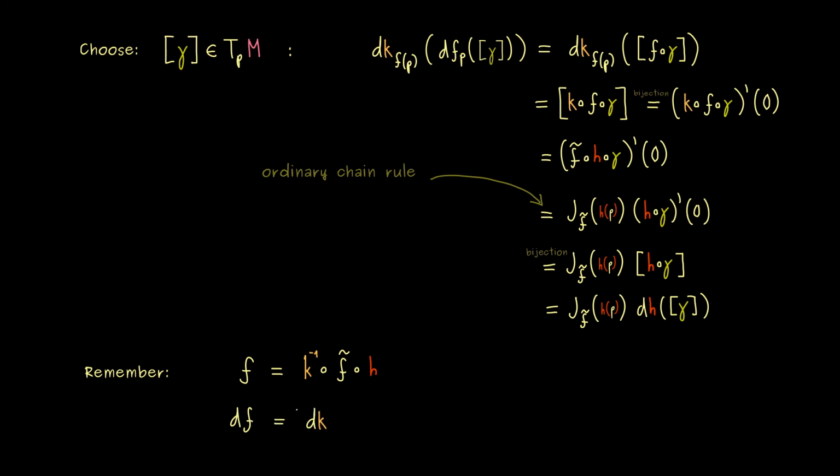Namely, if we just write it in short terms, we have dK inverse composed with the Jacobian matrix of F tilde composed with dH. Of course, the correct version you see here on the right hand side in the calculation, where we also should put the point p to dH.